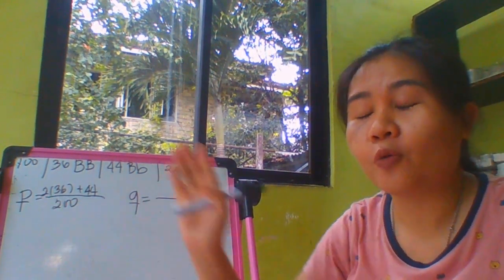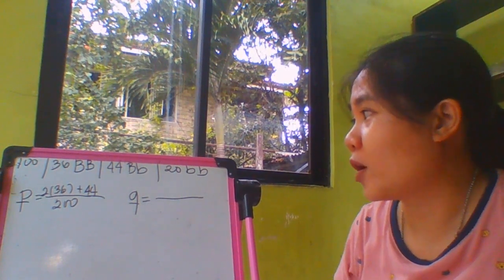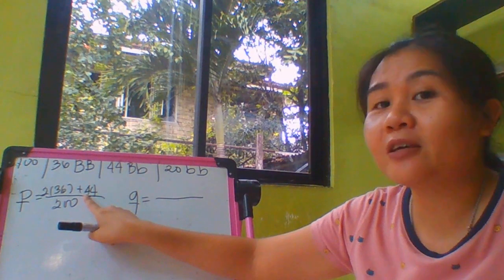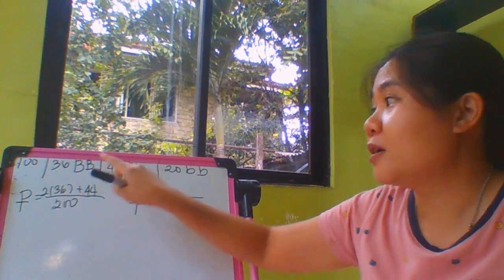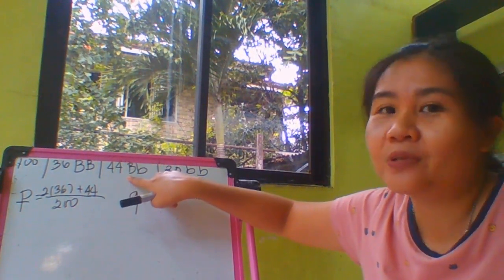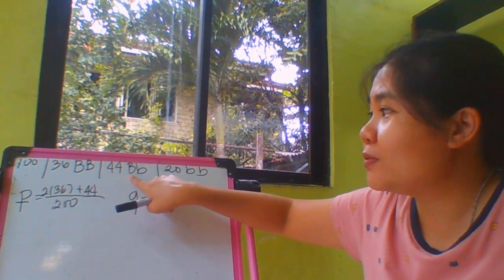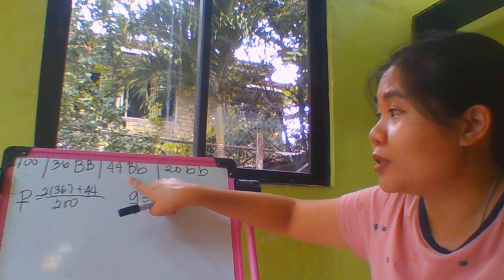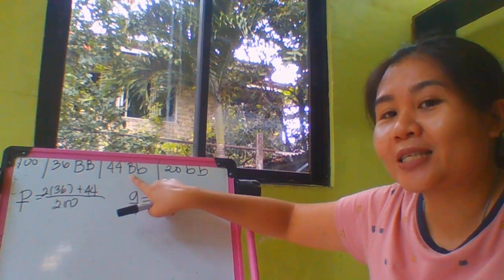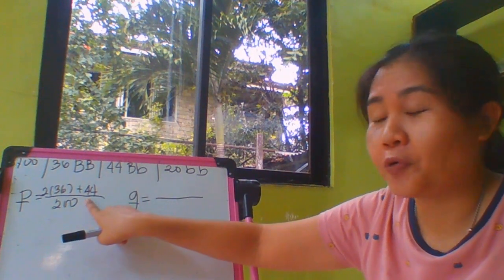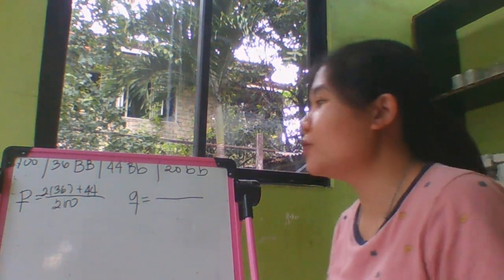Doc, where do you get the 44? The 44 comes from the heterozygous individuals, the 44 blue Andalusian chickens, because these blue Andalusian chickens also possess the black gene. Now we're going to solve this one.